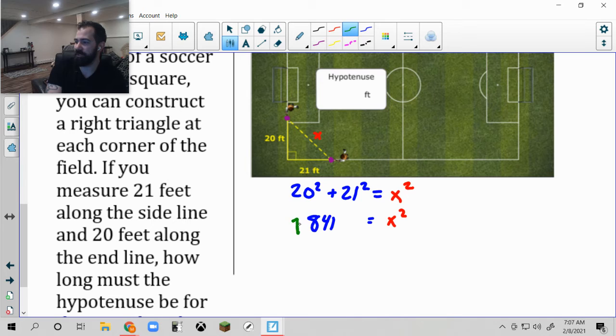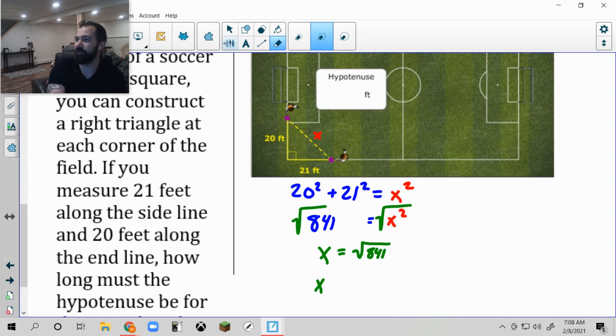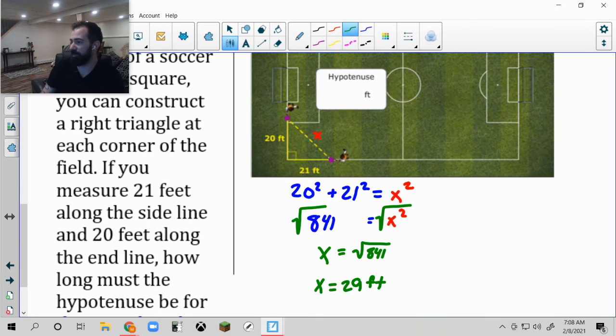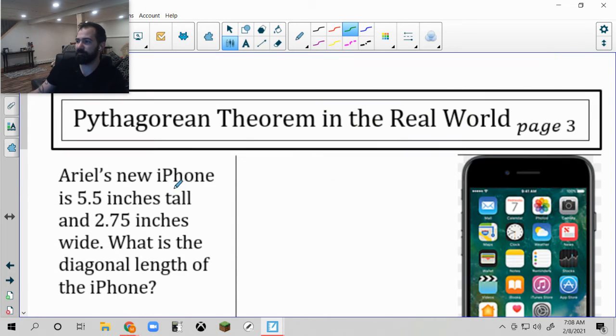Then we take our square root, and we could say that x equals the square root of 841, but that doesn't really help us too much. So x is approximately, oh, sorry, not approximately, this is a perfect square. X equals 29 feet. So if you measure 20 feet out and 21 feet out, and you measure this line, if it is not 29 feet, you do not have perfectly square corners. Who would have thunk it? Let's keep going. Next page.